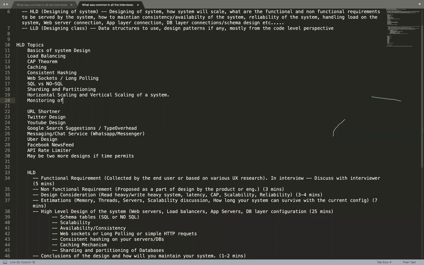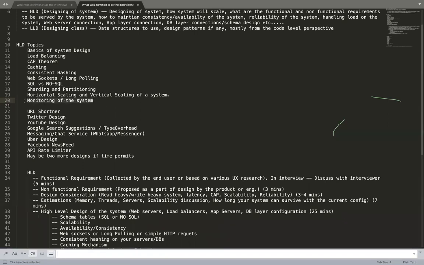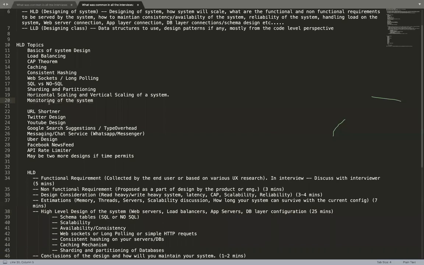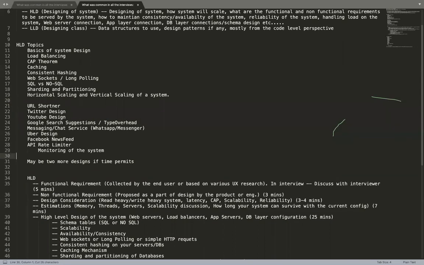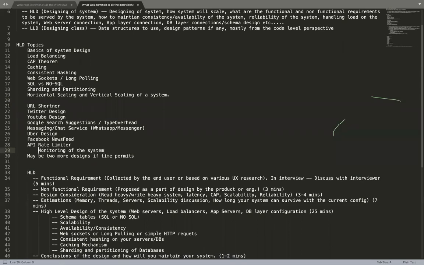Monitoring of the system, okay, I'll take it. It's a very common question in interviews, how you'll design a monitoring system. Sure, I'll take it as a part of HLD.